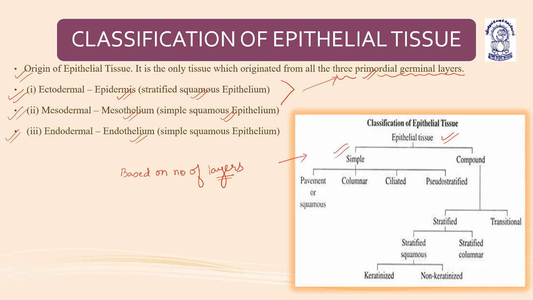If they are arranged in multiple layers, it is compound epithelium. Simple layers may be known as pavement or squamous epithelium, then columnar epithelium, ciliated epithelium, and pseudo-stratified epithelium.